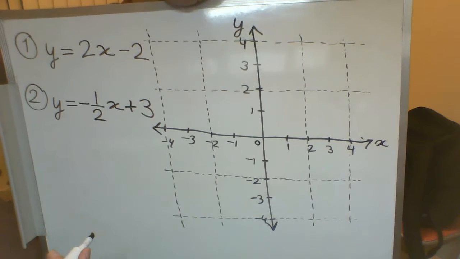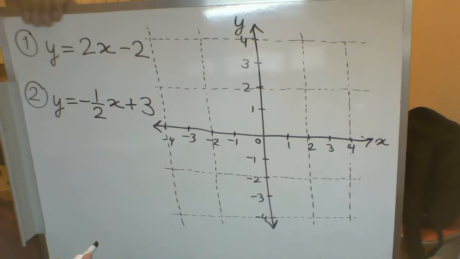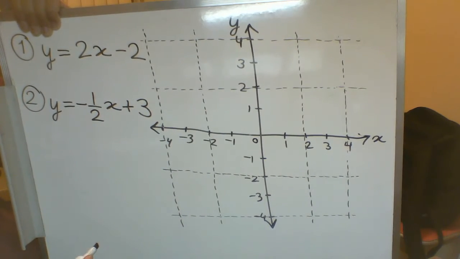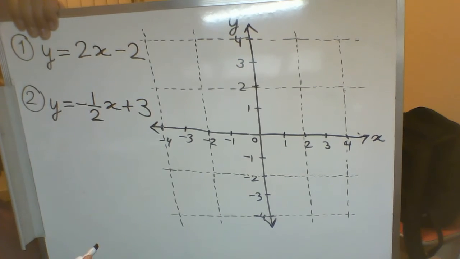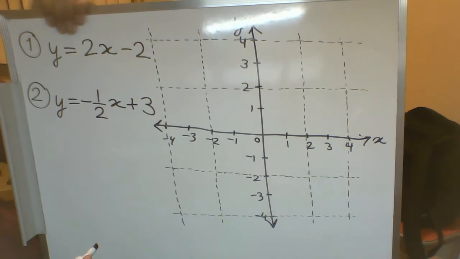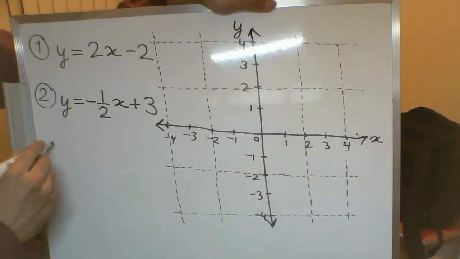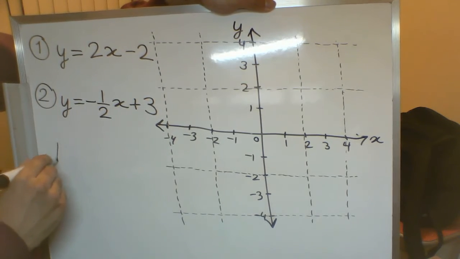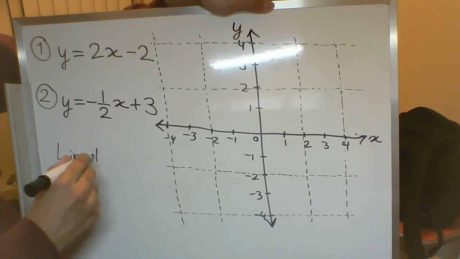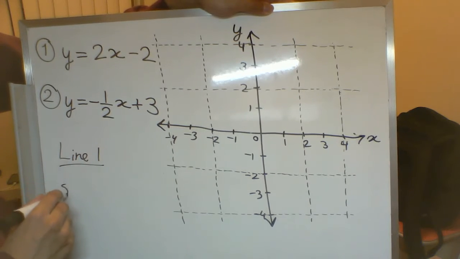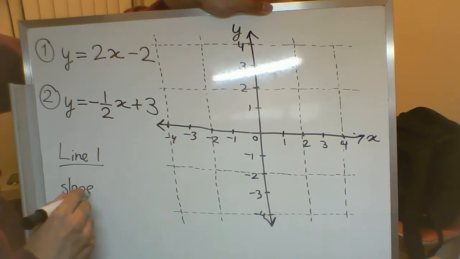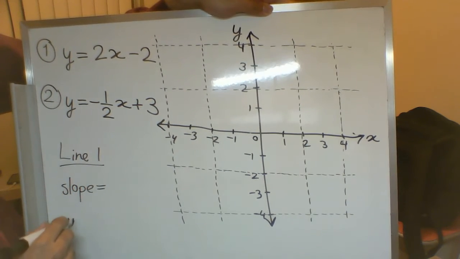But we'll start as we always do. Let's start by plotting this first function. If we're talking about line number 1, then we just need to identify the slope and the y-intercept, and then we can get going.